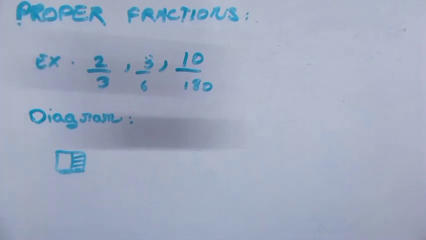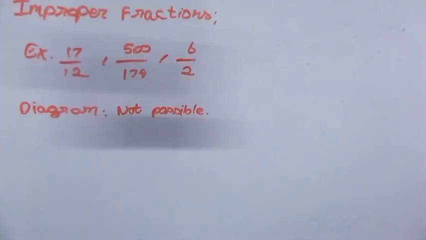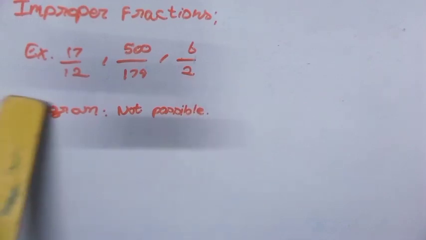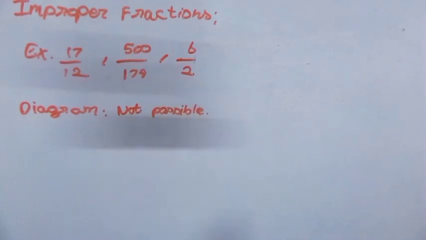Let's move on to improper fractions. Example, 17 by 12, 500 by 179. That's a huge number. 6 by 2. You have something common in all these three. I hope you have figured it out by now.